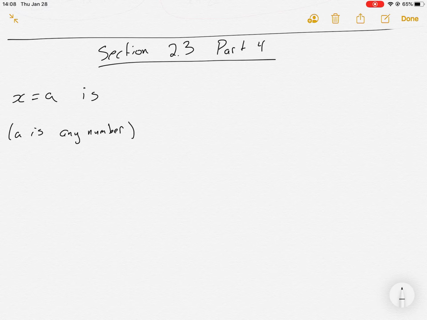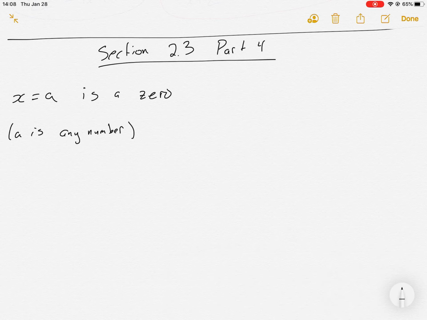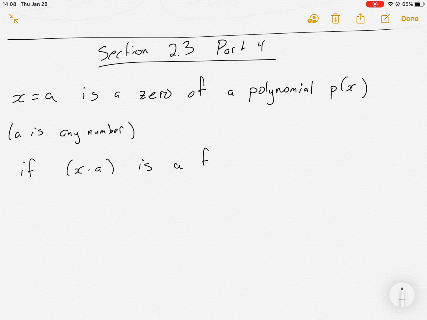So x equals a is a 0 of a polynomial p of x if x minus a is a factor.